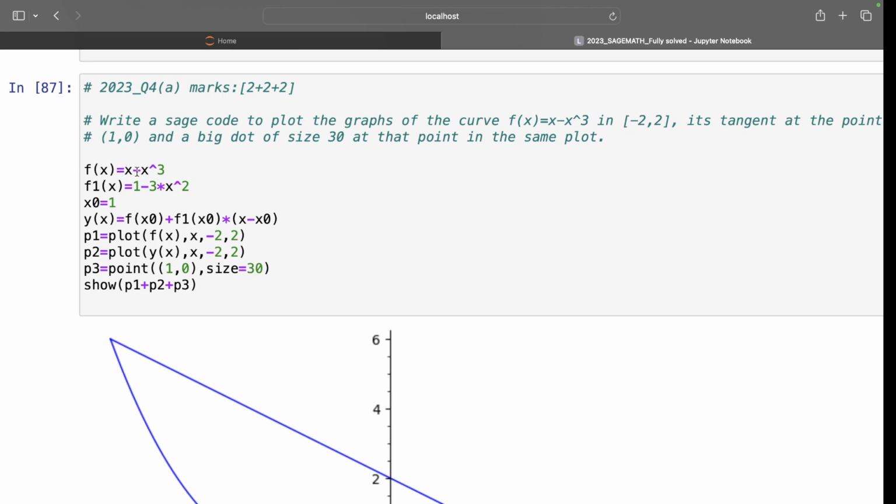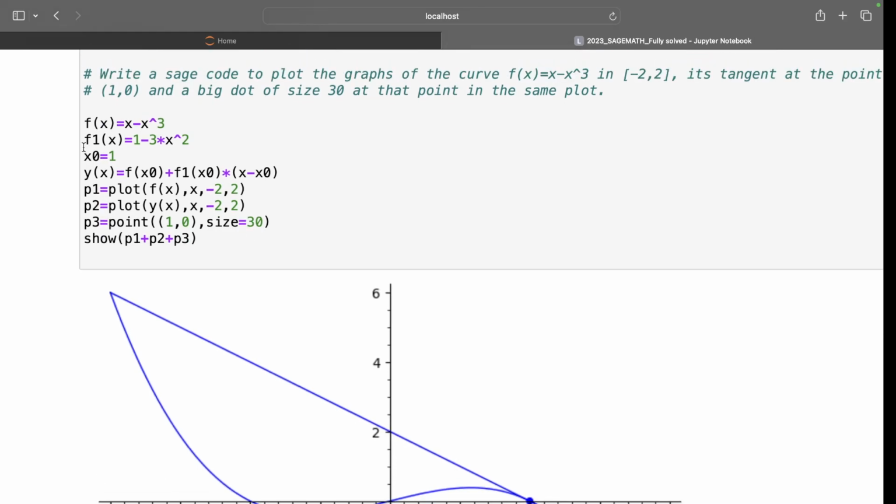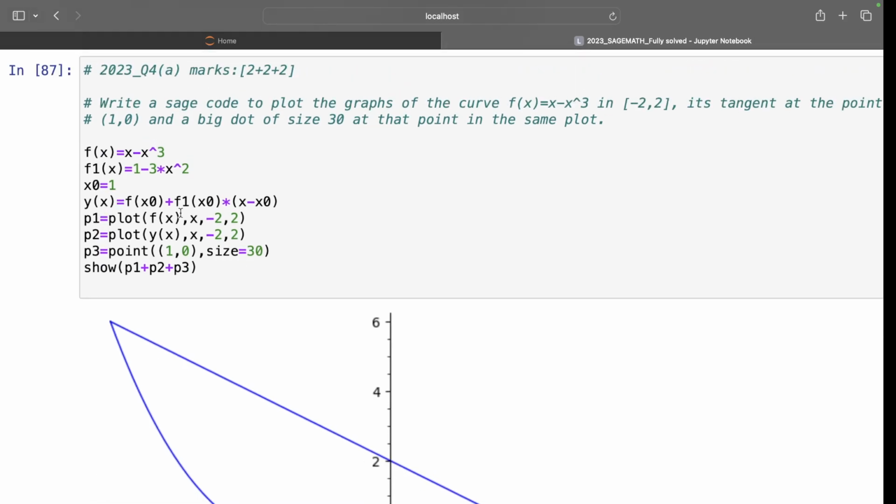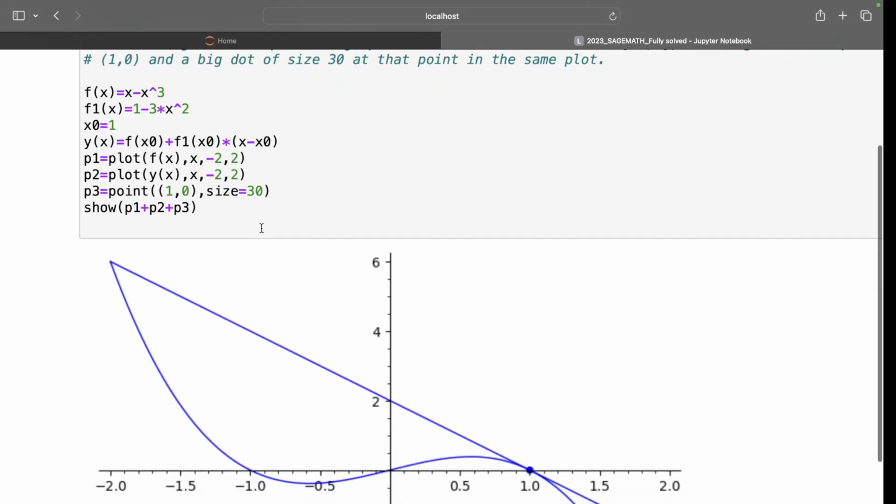f(x) equals x minus x to the power 3. f1 is the derivative of this. Actually, this is the derivative: the derivative of x cube is 3x squared. Say x0 equal to 1, and y(x) equals f(x0) plus f1(x0) into (x minus x0).